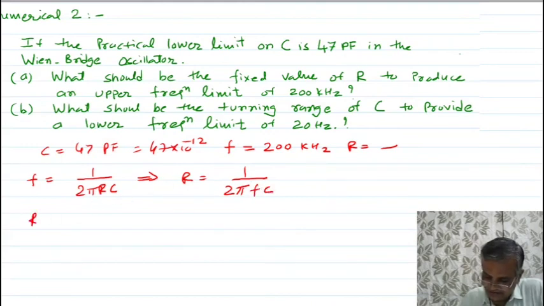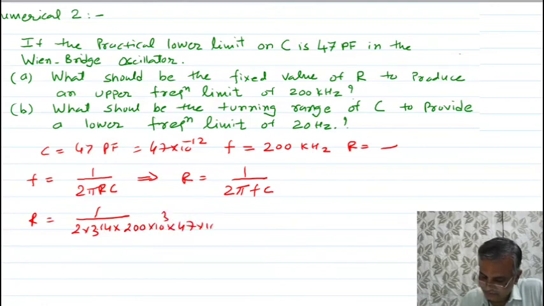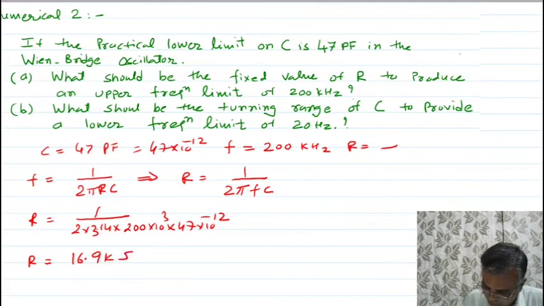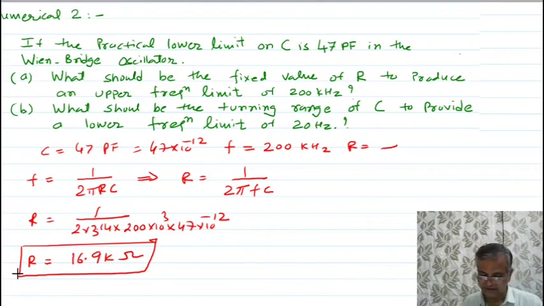So I can calculate R as 1 upon 2 into 3.14, frequency they have given is 200 kilohertz and C is 47 pF. If you calculate, R is nothing but 16.9 kilo ohm. You will get 16.9 kilo ohm.